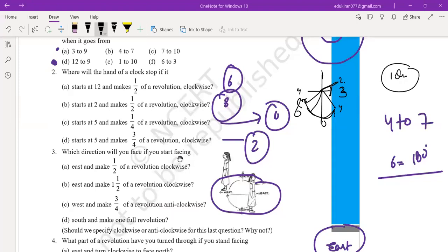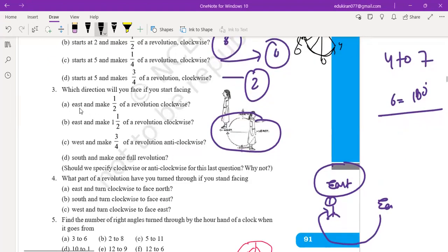Then you can do the next one. Try doing it. East, west, I've already told you, right? Yes, ma'am.